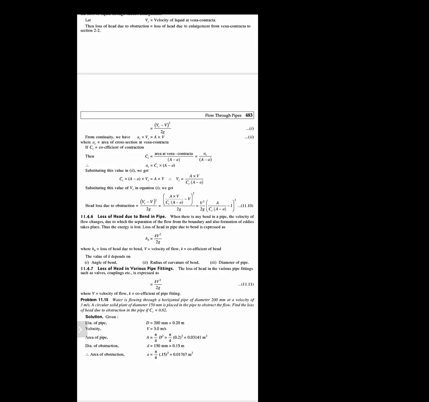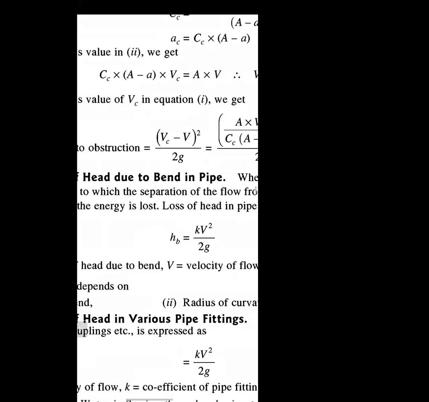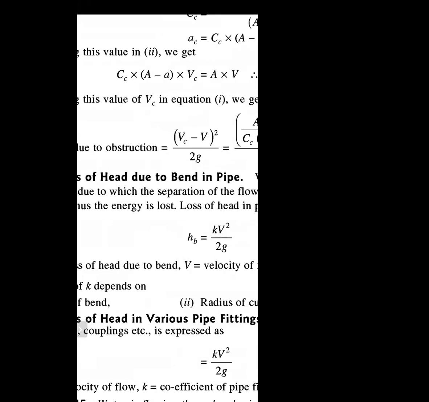Okay, thus energy is lost, and loss of head is to be calculated as loss of head due to bending of pipe, and it is denoted as HB.